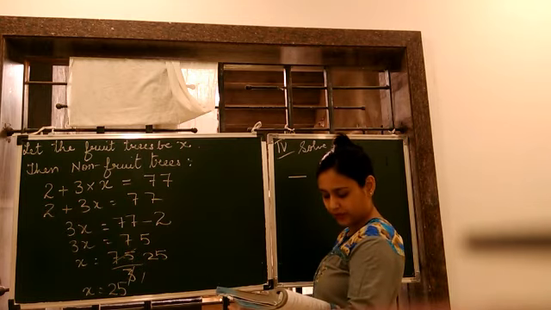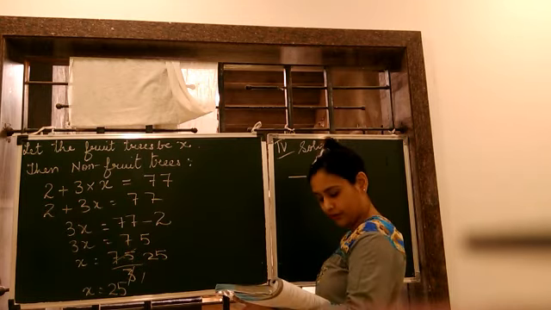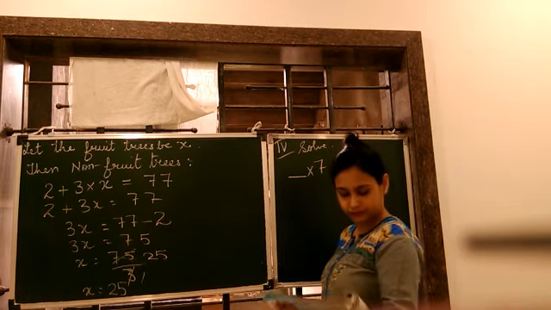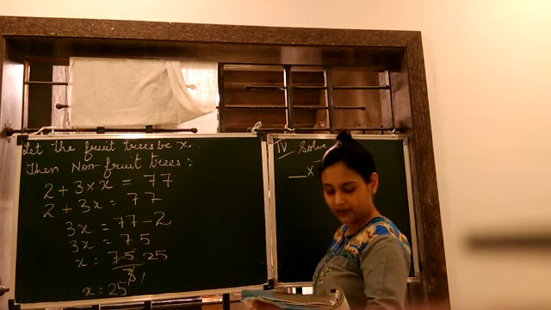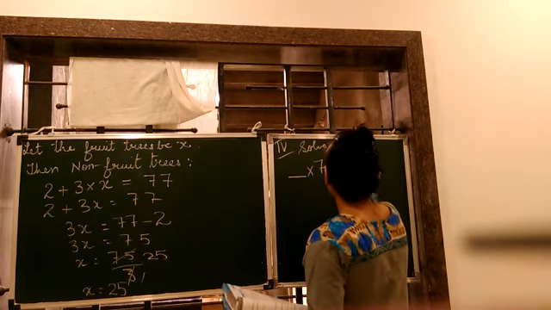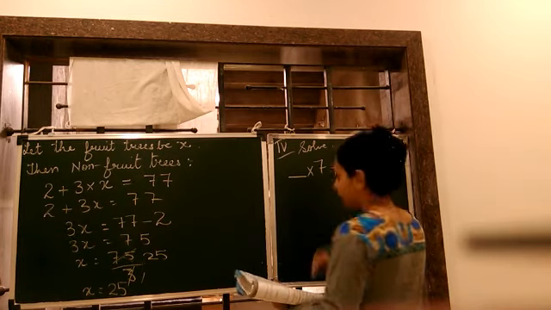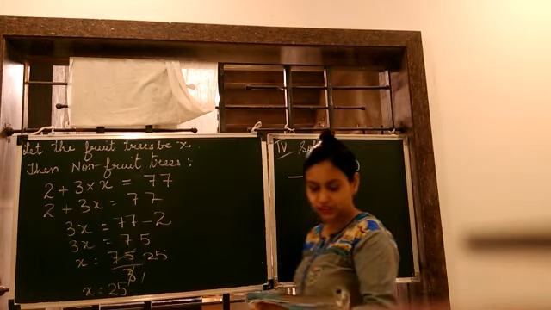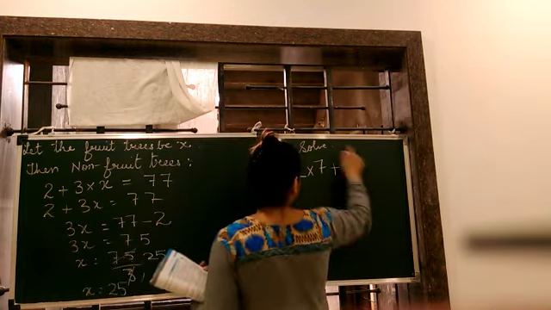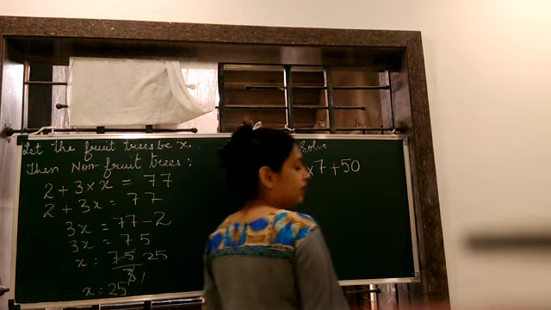Take me 7 times over means multiply by 7. Add a 50. To reach the triple century, this is equal to triple century.